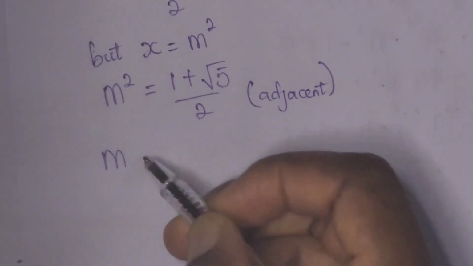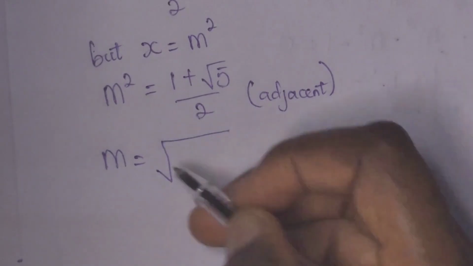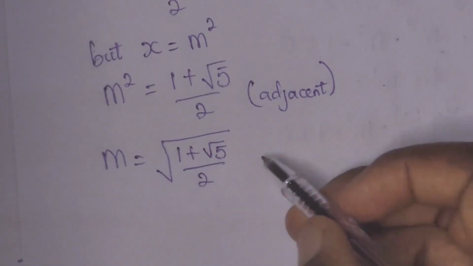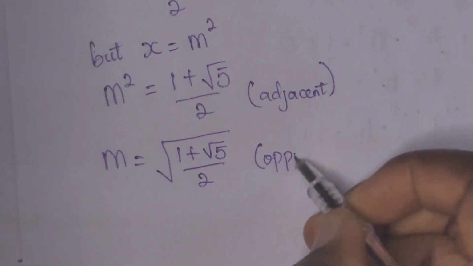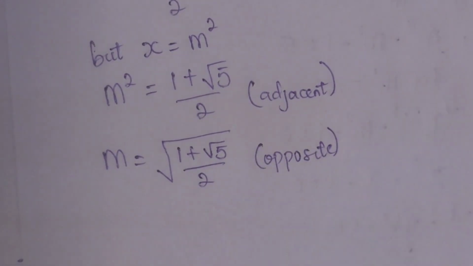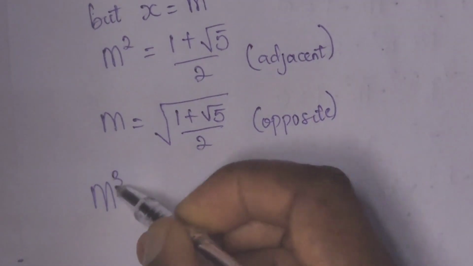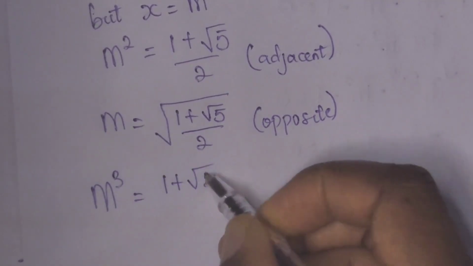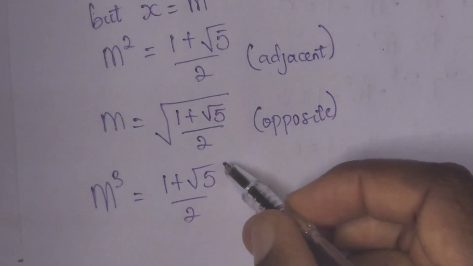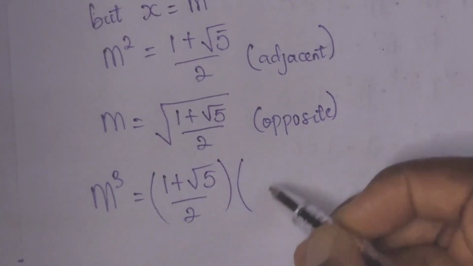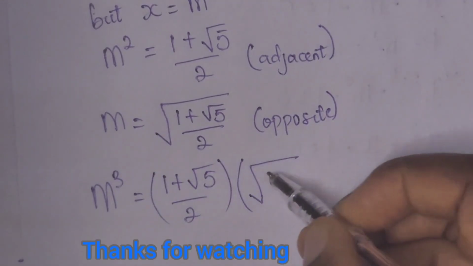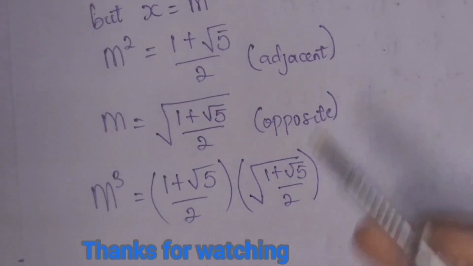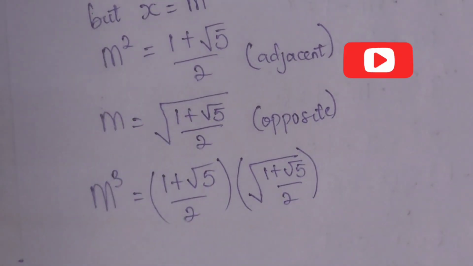So from here, m is equal to the square root of 1 plus root 5 over 2, which is our opposite, and m cube will be equal to 1 plus root 5 over 2 times the square root of 1 plus root 5 over 2. So we have the third side of the triangle.